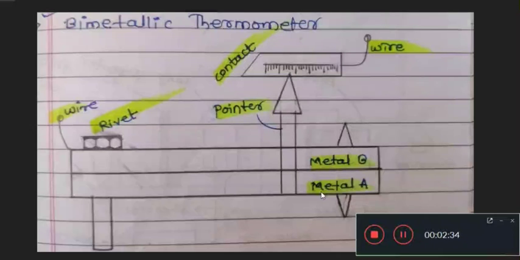When the temperature rises, the strip bends upwards, causing the contact, so that the current can flow. By adjusting the gap between the strip and the contact, the temperature can be easily controlled. This is the bimetallic thermometer.